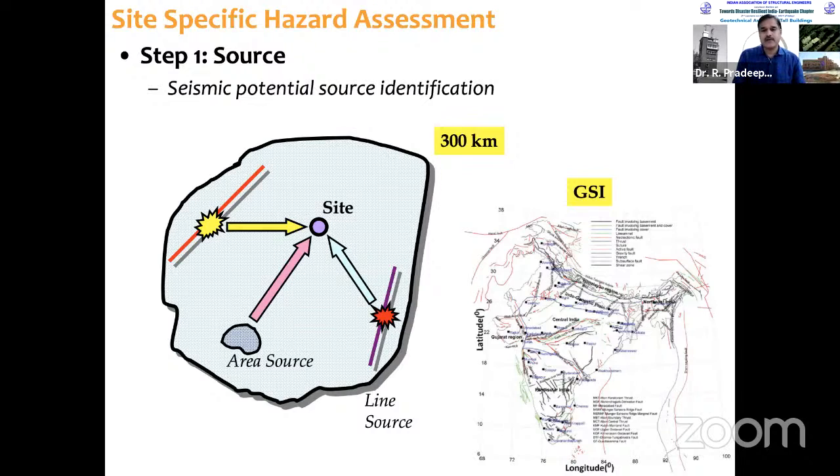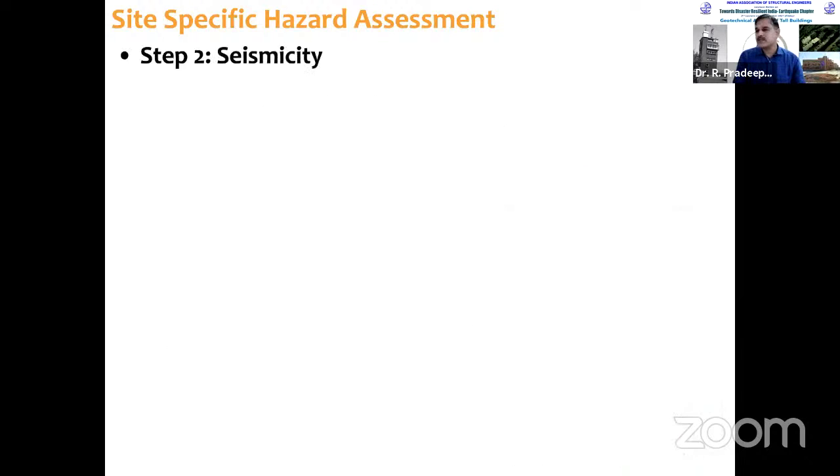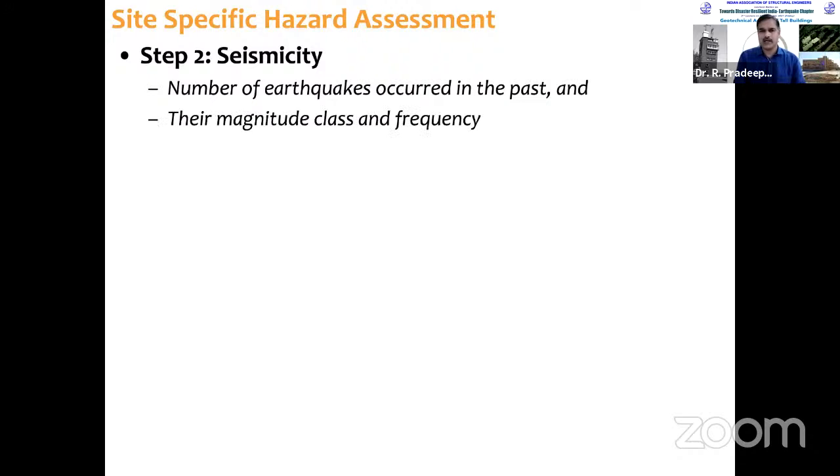The second step is to find out the seismicity of that area, arising due to all these faults, all the sources. That is the number of earthquakes that occurred in the past, 200 years, 300 years, whatever number. We get the magnitude class and frequency. Some magnitudes are bunched into one category.